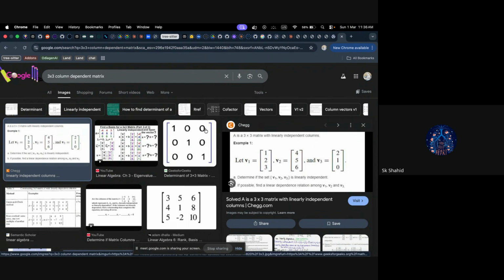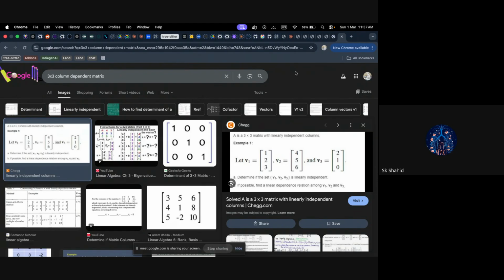The third column has values of 3, 3, and 3, right? From the first column itself, if I just multiply by 2, we can get column 2. And if I multiply by 3, I get the third column, right? So it denotes what dependency of a column really means, and what an independent column means.